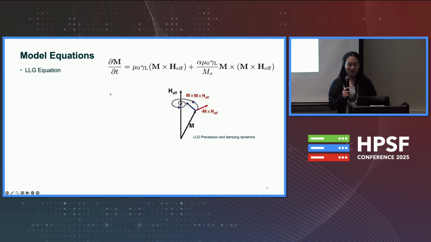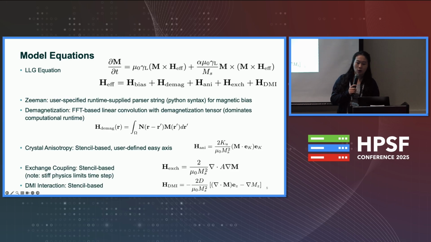So okay, this is the structure of the PDE we're trying to solve. It's simple just by looking at the mathematics, but it could be quite complicated because of H effective. Like I mentioned, H effective can be quite complicated.